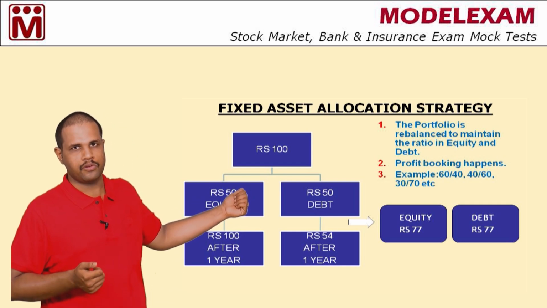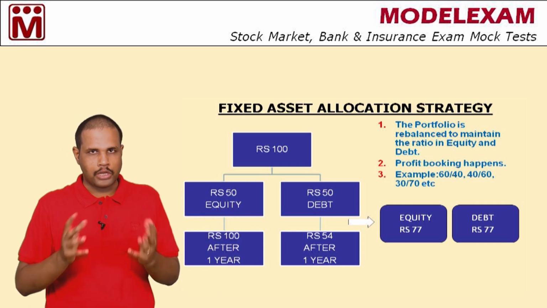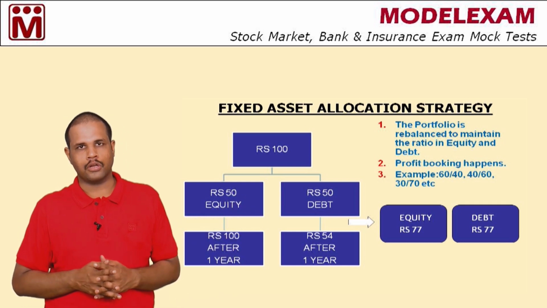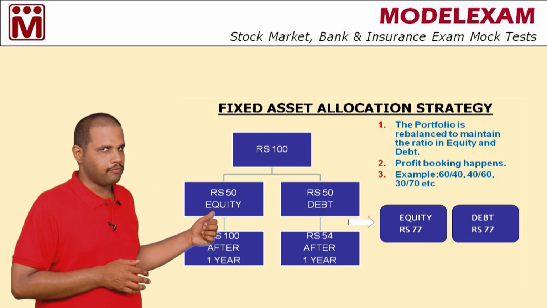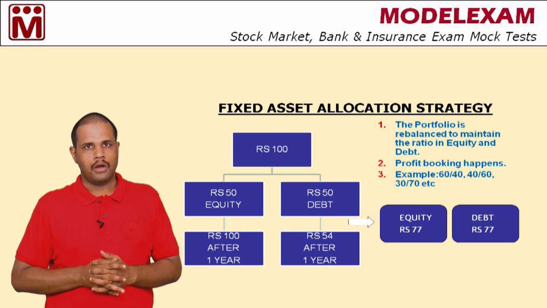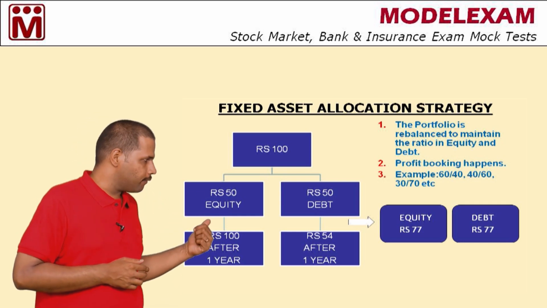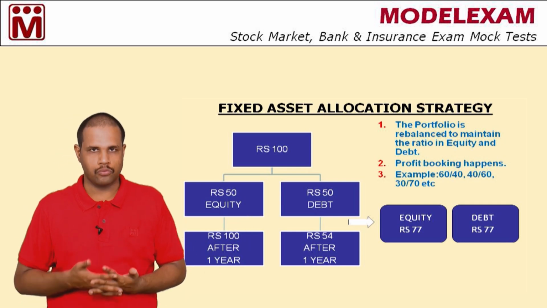It means it becomes 50 plus 4, 54. So the total value: I had invested 100, 50 in equity, 50 in debt, but after a year, it becomes 100 in equity, 54 in debt. So total value becomes 154.